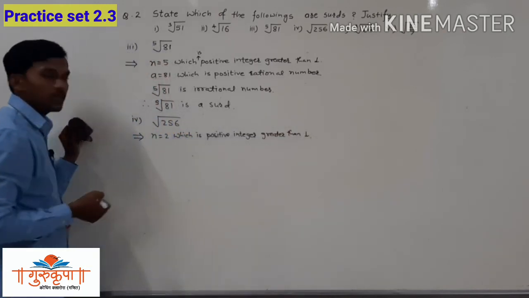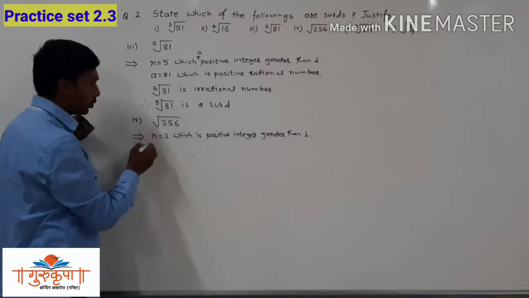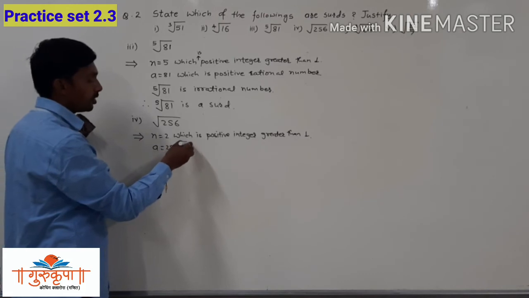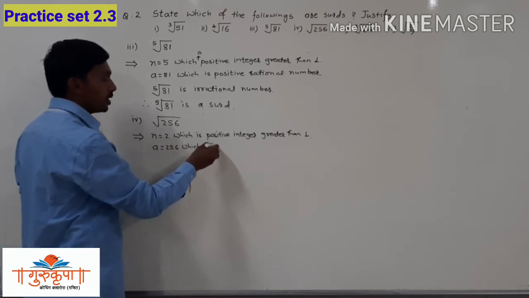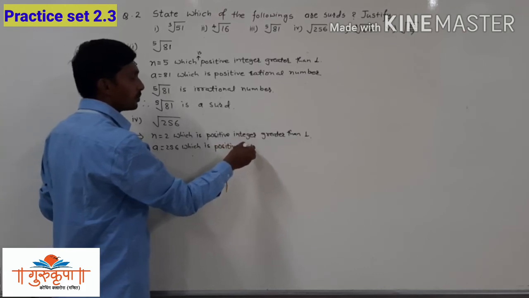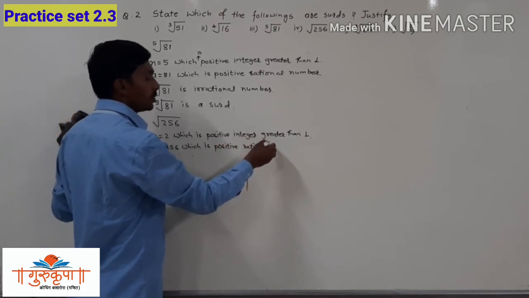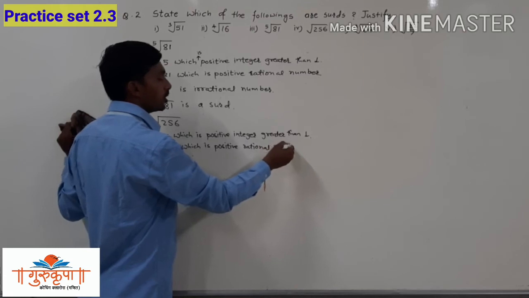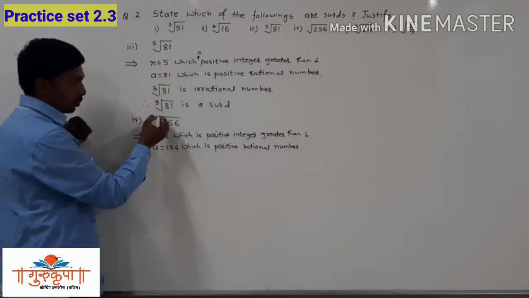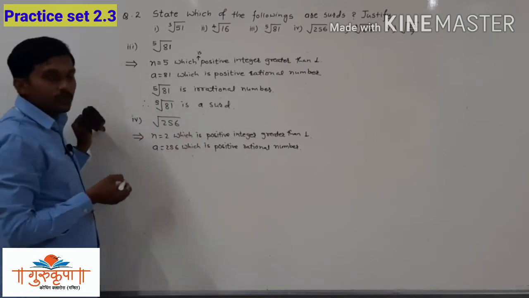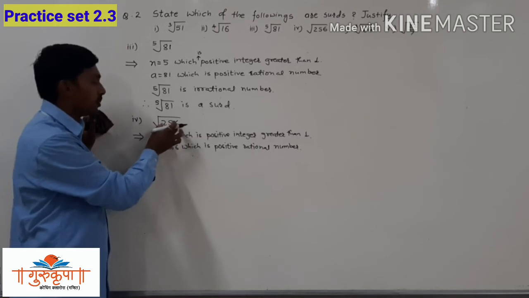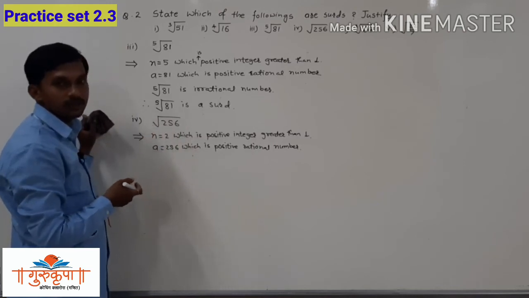Now we have to check the second condition. Here a is equal to 256, which is a positive rational number. Is it possible to find the square root of 256? And we know that square root of 256 is 16.